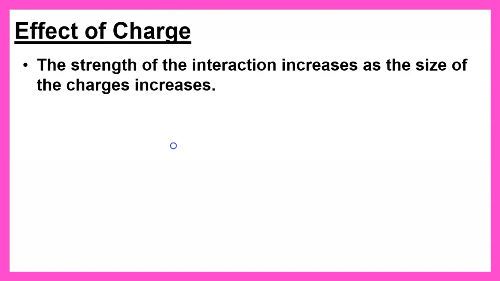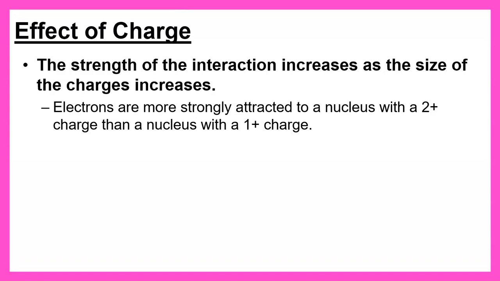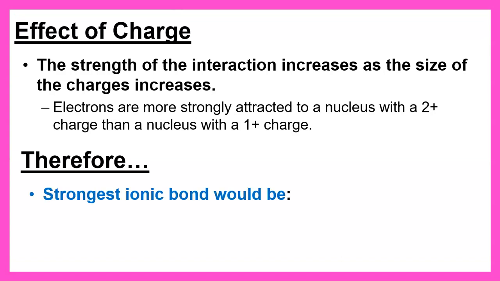So, when we have a large charge, we end up with an increase in our attraction. The electrons are going to be more attracted to a +2 than a +1. So if I want to see what would be the strongest ionic bond, it would be something with a very large charge difference.